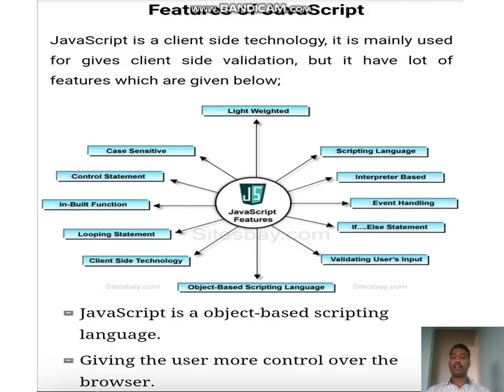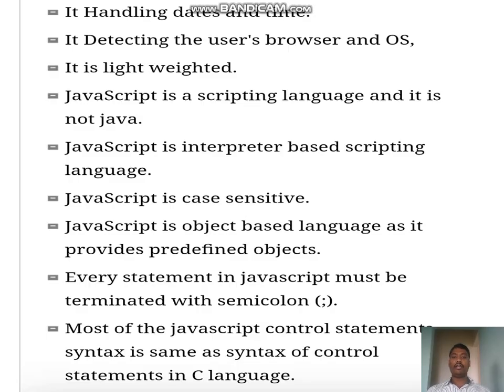JavaScript features are: lightweight scripting language, interpreter-based, event handling, if-else statement, validating users' input, object-based scripting language, client-side technology, looping statement, inbuilt functions, control statement, and case sensitive. JavaScript is an object-based scripting language giving the user more control over the browser. It handles dates and time, and detects the user's browser and operating system.